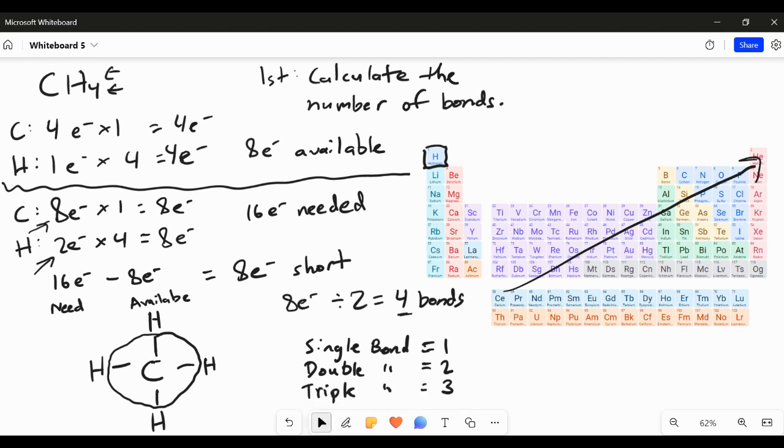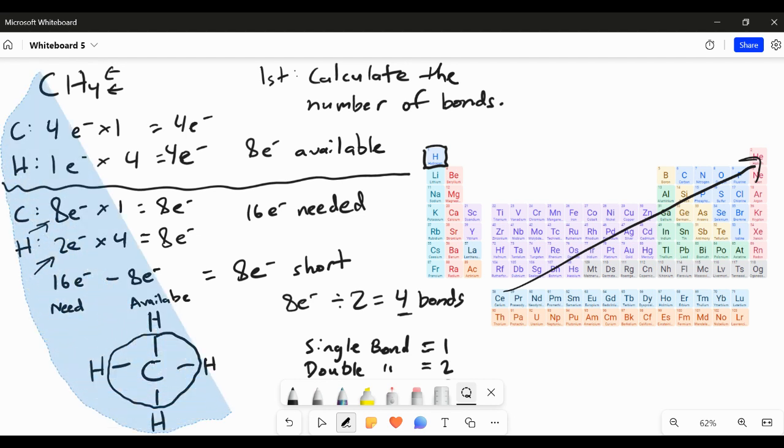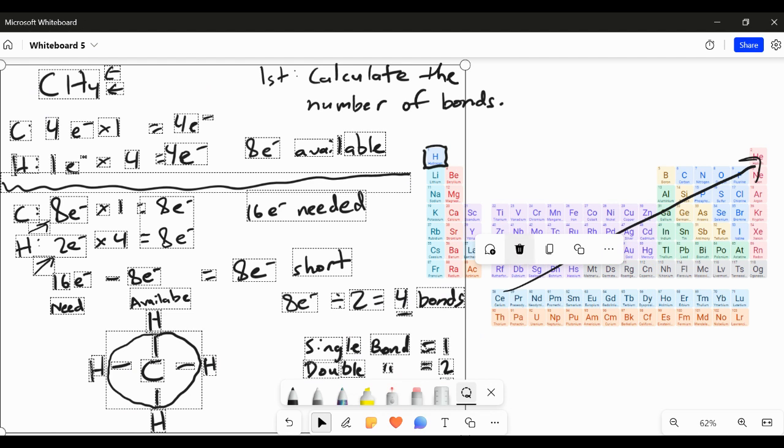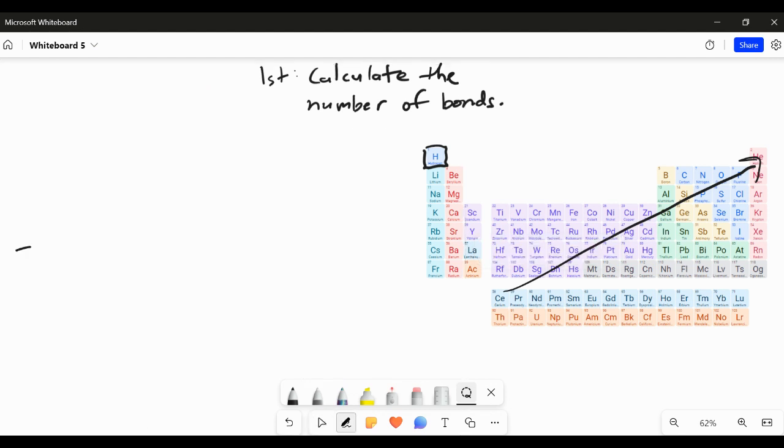Let's try another one. Let's try one that's a little bit more challenging. I'm just going to get rid of all this stuff right here. Let's pick one that's a little bit more challenging.